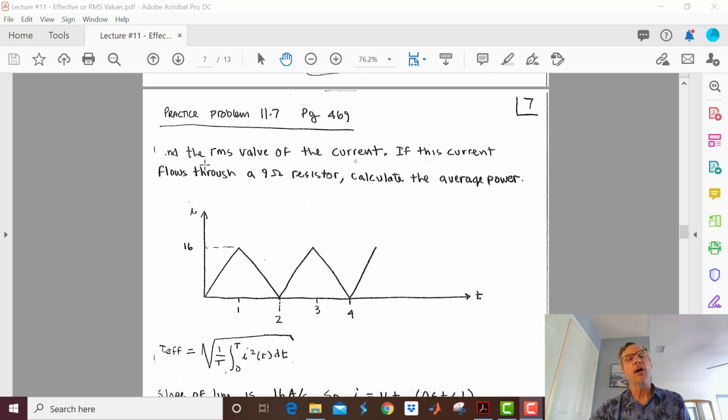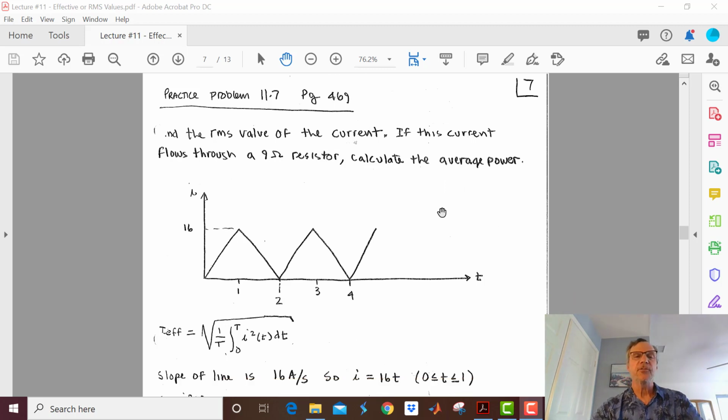Remember, the RMS value, or the effective value of the current, relates only to that current. So they said, tell me about the current first. Then let's put that current through a 9 ohm resistor and give me the average power. So I like the way they did that.